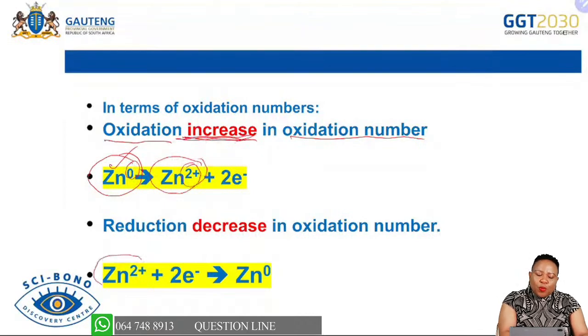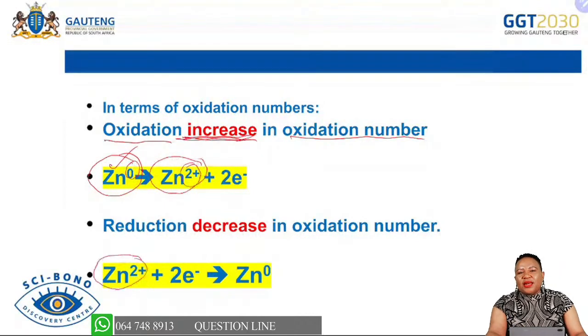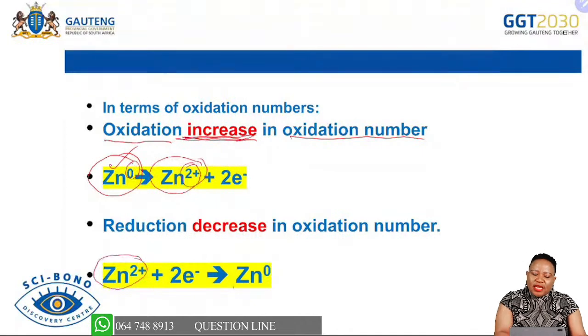Now, for the zinc 2+, I said immediately when a metal becomes an ion or a non-metal becomes an ion, it is in an unstable state. So it means for zinc 2+, which is a zinc ion, to go back to zinc, it must gain the electrons that it has lost.